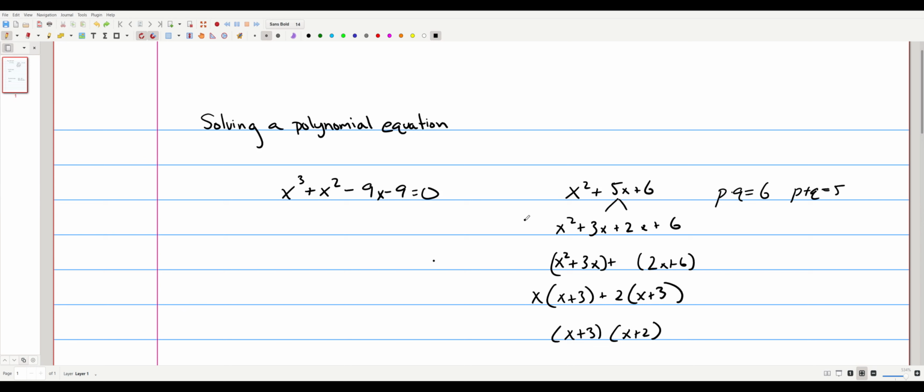And our factored form is the binomial that matches, and then the other binomial is what's left on the outside, right? Okay. So when you see a polynomial in this form, you'll notice that it has 4 terms, just like our quadratic does after we figure out what p and q are.